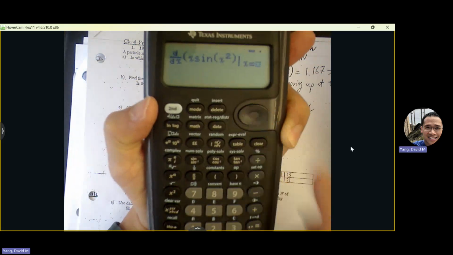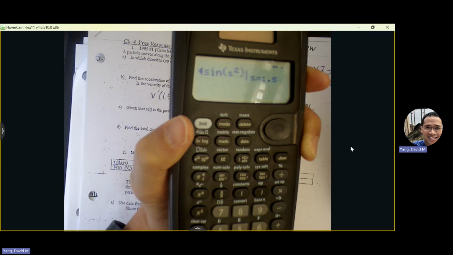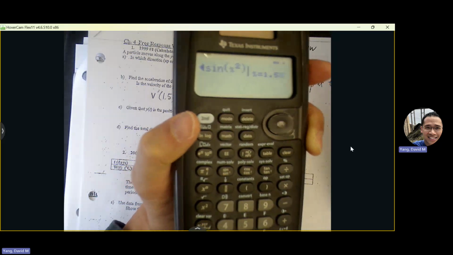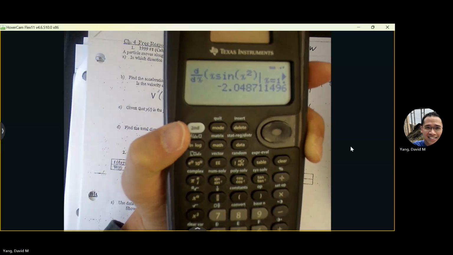And then you can establish 1.5. So this will do the same thing. This will plug that 1.5 into the derivative of the function that we see there, and it'll give us the same thing.